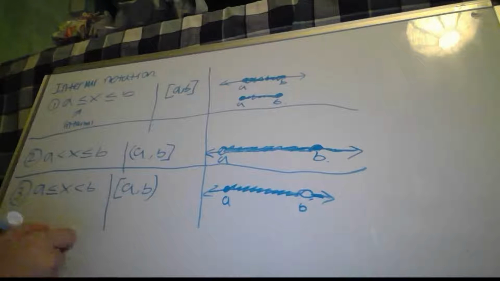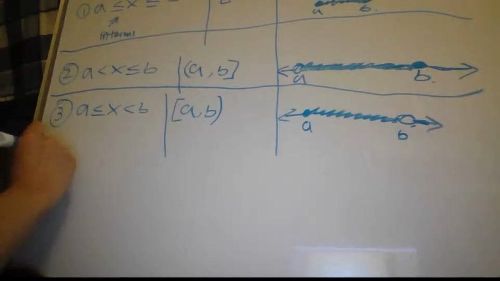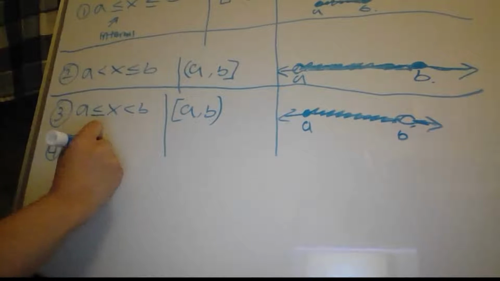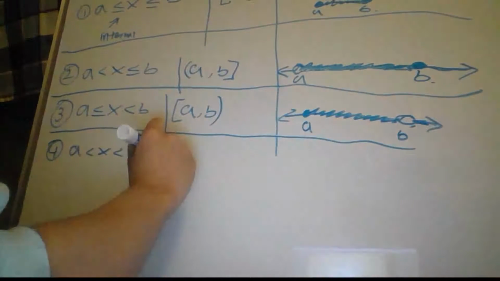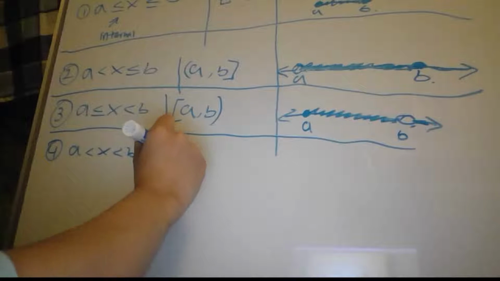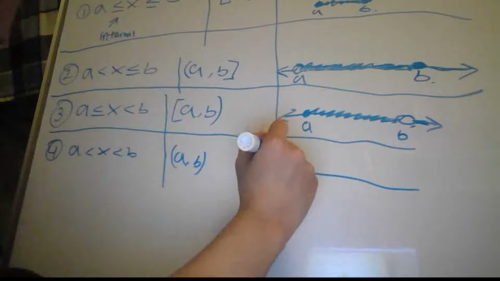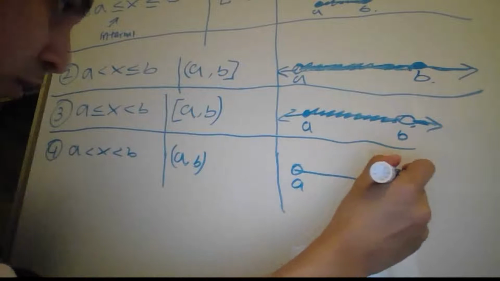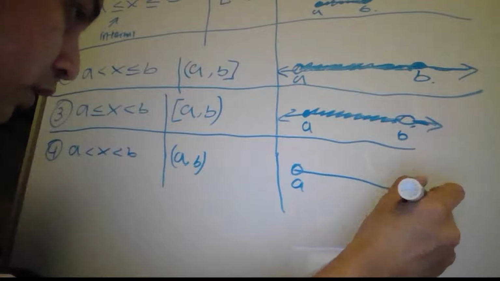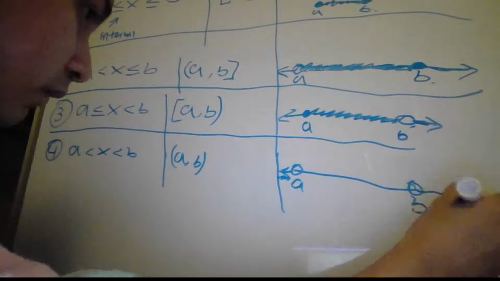Now, if we had something like A is less than X is less than B, that would be parentheses A to B parentheses, and then you would do an open dot with A, like this, and then to B, open dot, and this would go on to negative infinity, and this would go on to infinity, right?